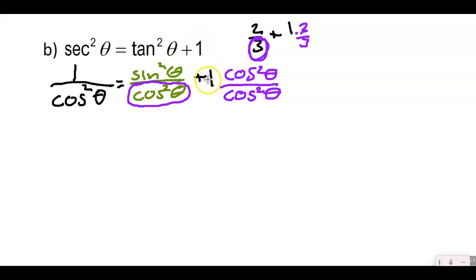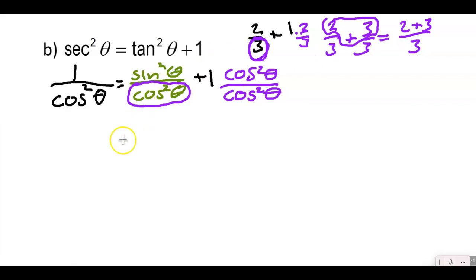So because cosine squared divided by cosine squared equals 1. Anything divided by itself equals 1. Right? So normally we'd have 2 over 3 plus 3 over 3, and this would equal 1 fraction. It'd be 2 plus 3 on top, and now it's over 3, the denominator. So we'll do the same thing here, right? That's now gone.